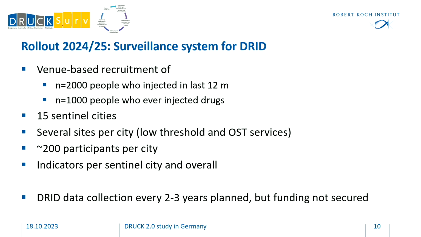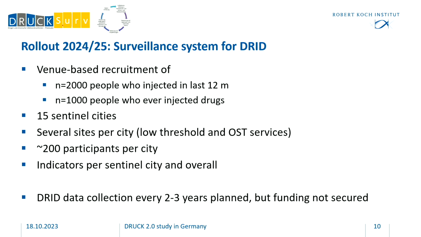So we will roll out this study design next year. We want to set up a surveillance system for people who inject drugs and drug-related infectious diseases, and we will go for this venue-based recruitment, same study population, but in addition also for this first round collect data on people who ever injected drugs, because we want to better assess HIV care.